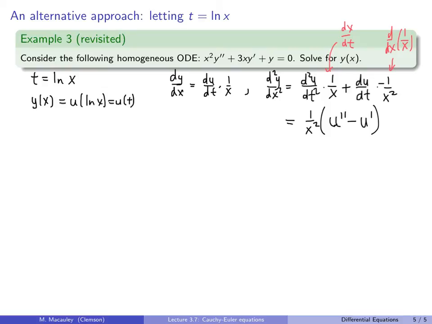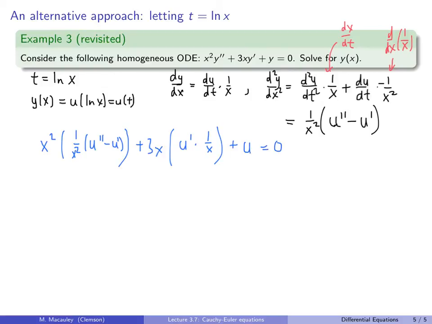So we have x squared times y double prime, which is 1 over x squared times u double prime minus u prime, plus 3x times y prime, and my y prime is u prime times 1 over x, plus y, and my y is just, y of x is u of t, so that's u, equals 0.